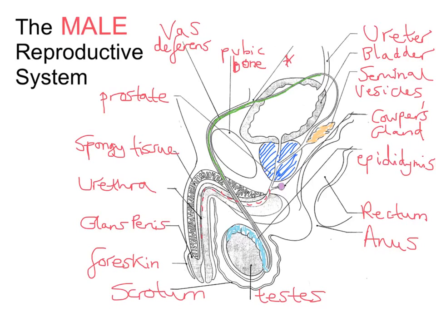Sperm are very susceptible to changes in temperature, and a high temperature can actually destroy them. So the testicles are contained within this sac of skin outside of the body where the temperature is a bit lower. So there we have the male reproductive system and the key structures in place and the functions of them.